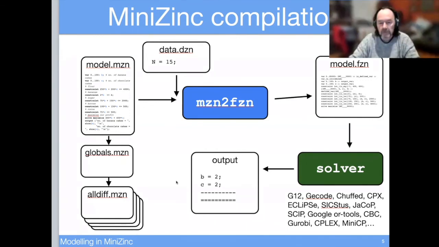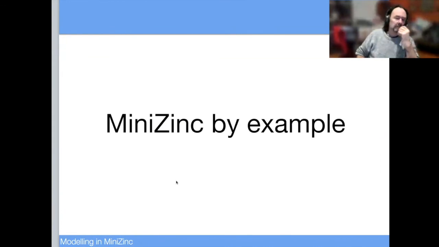And you can connect it to lots of different solvers: CP solvers, MIP solvers. Now there's also ASP solvers, SMT solvers, there's SAT solvers too that you can connect it to. That's fairly interesting, and I'll talk about that a bit more as we go on, because that gives you some power that is hard to get elsewhere. All right, but talking about a language is very uninteresting, so let's have a look at an example.